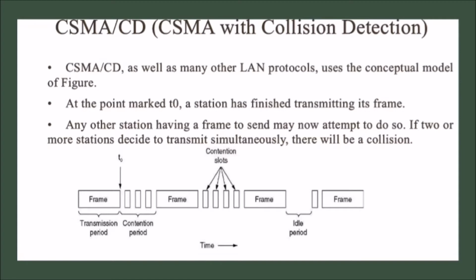Any other station having a frame to send may now attempt to do so. If two or more stations decide to transmit simultaneously, there will be a collision. So this is the contention period: frame, contention slot, frame, idle period, again sending a frame.